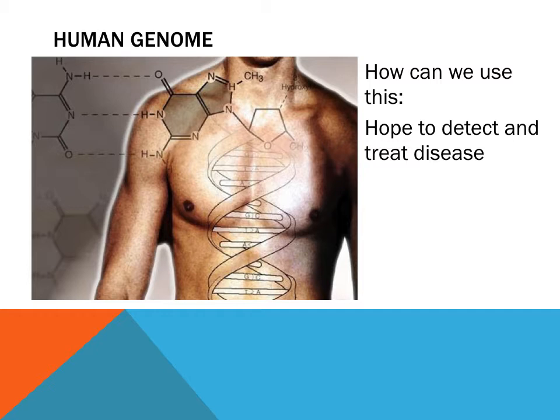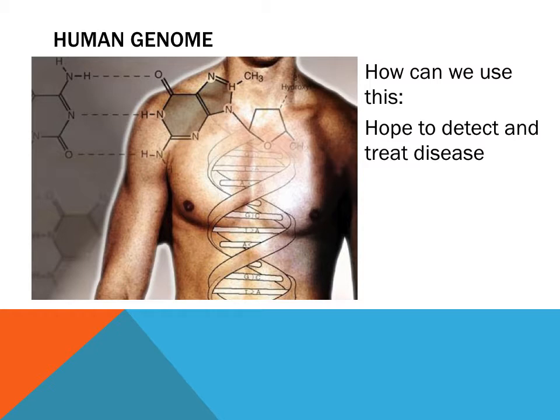So why would we want to know all this information about our DNA? Well, how can we use it? We can use this information because if we understand our DNA better and know where everything is in our DNA, then we may have hope to detect and treat diseases, because most of the diseases are passed down from parent to children.